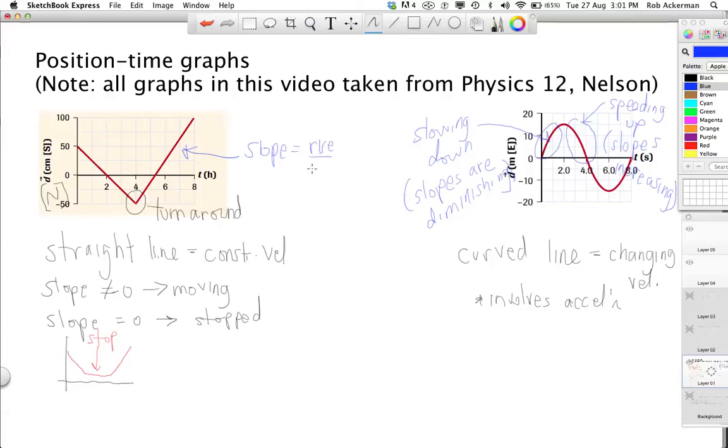equals rise over run. That's one definition that you learned. You also learned in math class that it's y2 minus y1 over x2 minus x1. And so anytime you calculate a slope here, let's see what it is you're actually calculating. The y values are actually position values. We're not in math class with x and y like this.